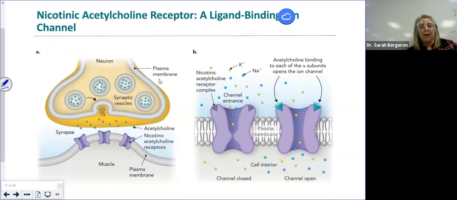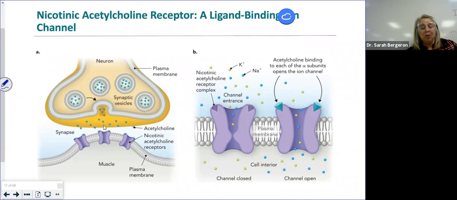So here's your neuron, and stuck in vesicles, right, are all these neurotransmitters. And when you have this electrical signal that comes through the cell, it tells these little vesicles to merge with the plasma membrane. When the plasma membrane merges, it dumps out a neurotransmitter. In this case, it's acetylcholine. And now this can be between two nerve cells, or in this case, this is an example of a nerve cell activating a muscle, right?